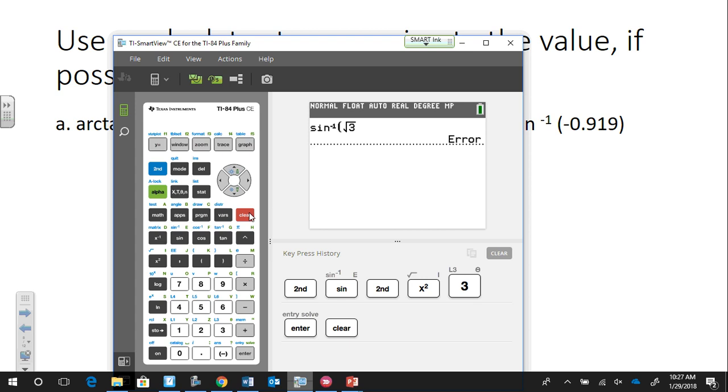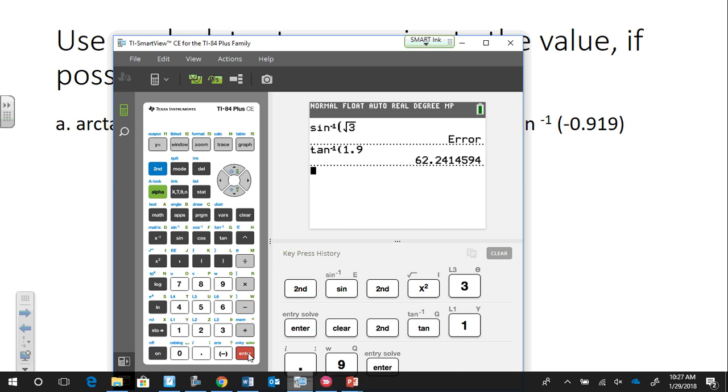So we want the second tangent, inverse tangent, the arctangent of 1.9. And what do we get? I got 62.24. That is in degrees, right? My calculator happens to be in degrees.